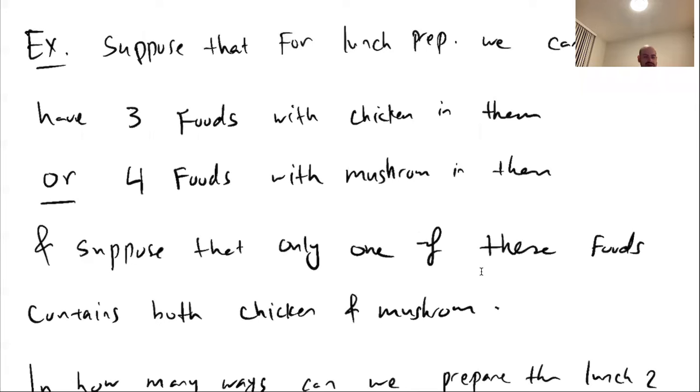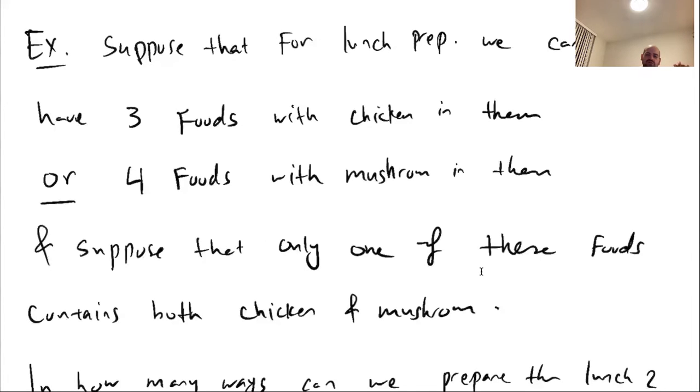So one task, preparing lunch, we can either do it with 3 foods with chicken or 4 foods with mushroom. So in total, we will have 3 plus 4 minus the number of common ways. How many common foods do we have?